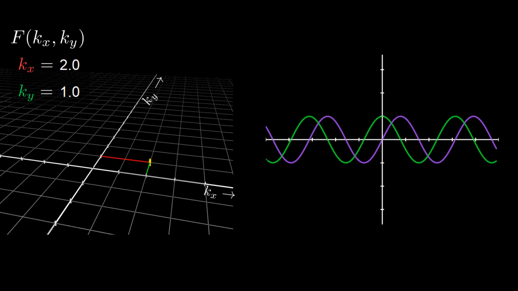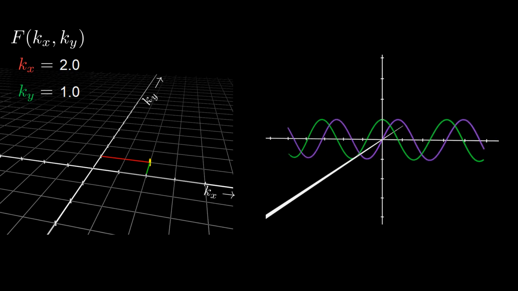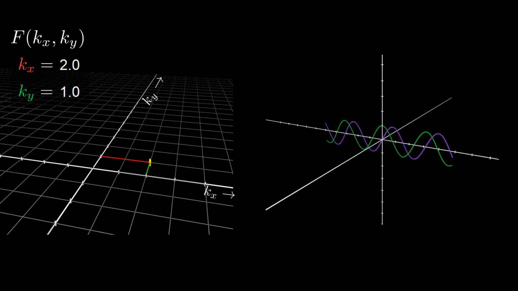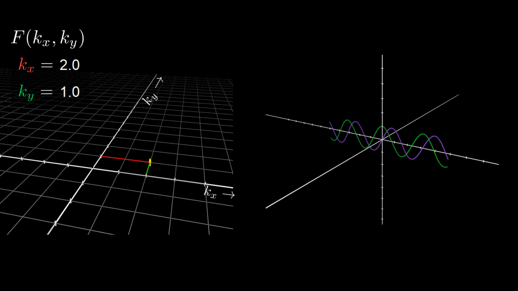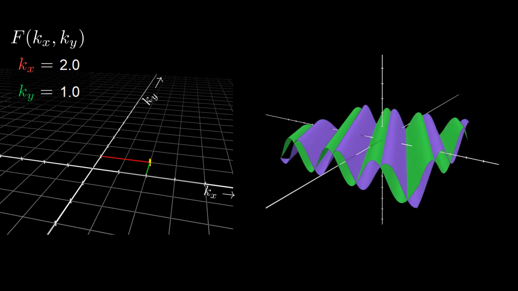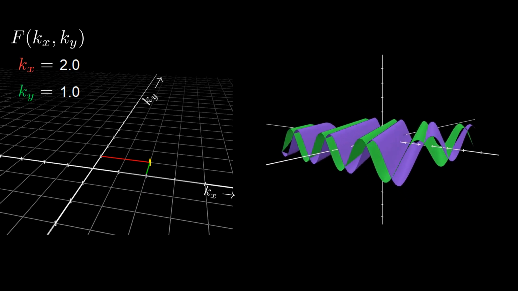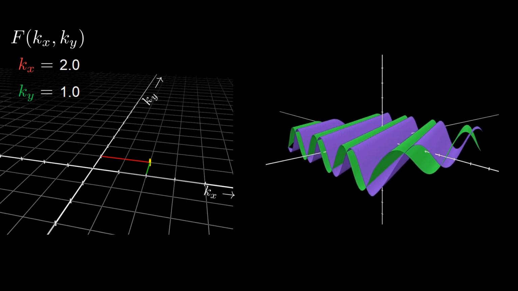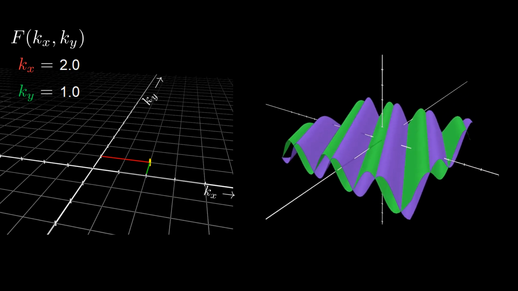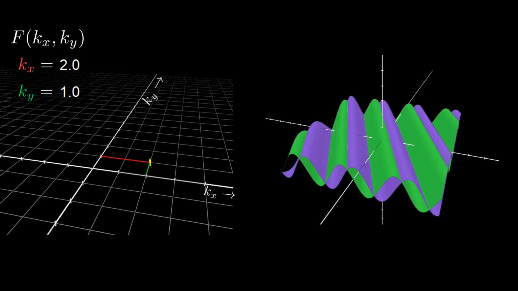What then would a 2-dimensional sinusoid look like? Well, just like in Fourier space, we give our spatial domain its second independent axis and we'll see. This is a 2D sinusoid, which corresponds to kx equal 2, ky equal 1. It's just a wavy sheet. Or well, 2 wavy sheets, a real one in green and an imaginary one in purple, just like in 1D.